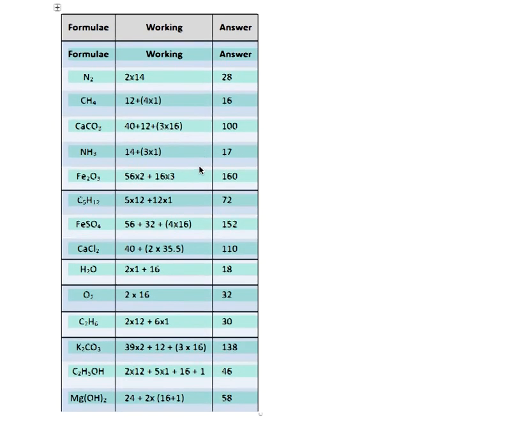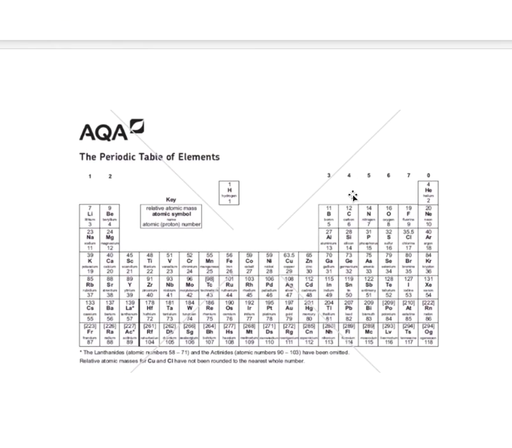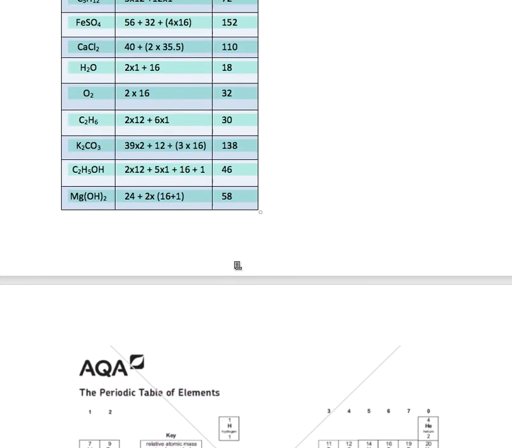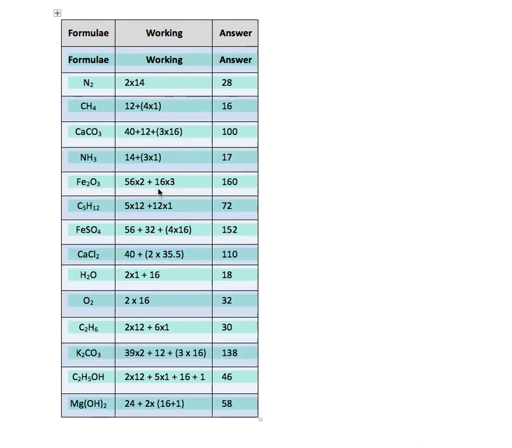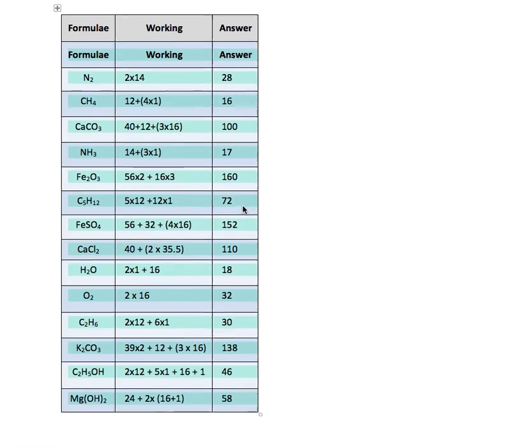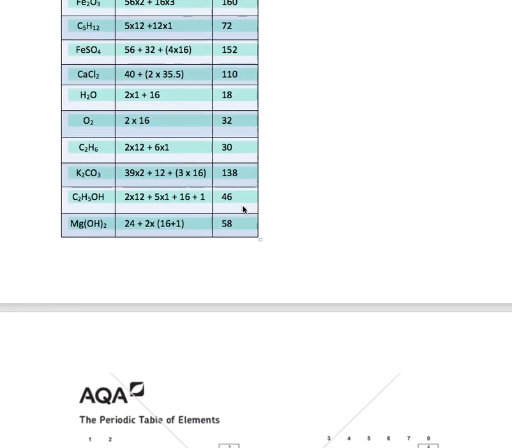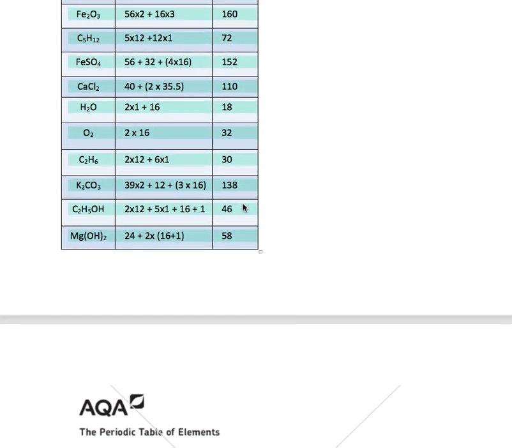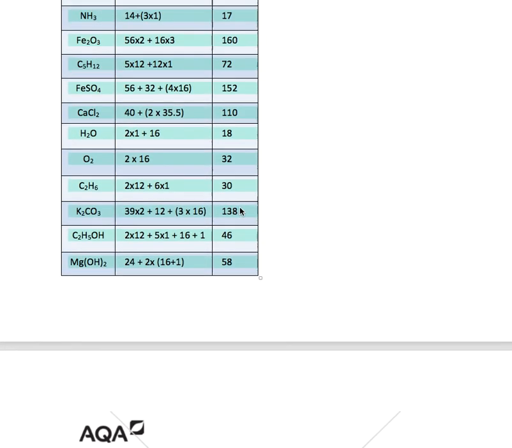We did calcium carbonate as an example. Nitrogen, again, 14. Hydrogen, again, 3 of those, 17. Iron, if you look for iron, you find iron here, 56. So 56, 2 of those, 3 oxygens, each 16, we said that before up here, 160. So there you have the answers to your questions.